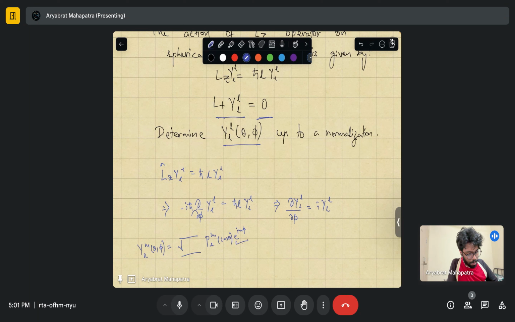That is the phi part of the YLM solution.